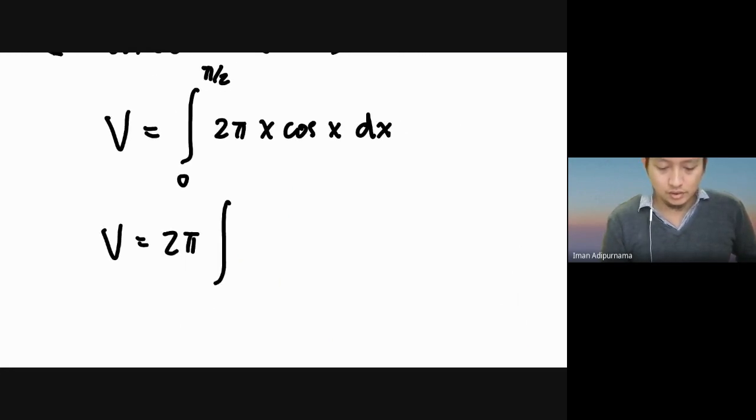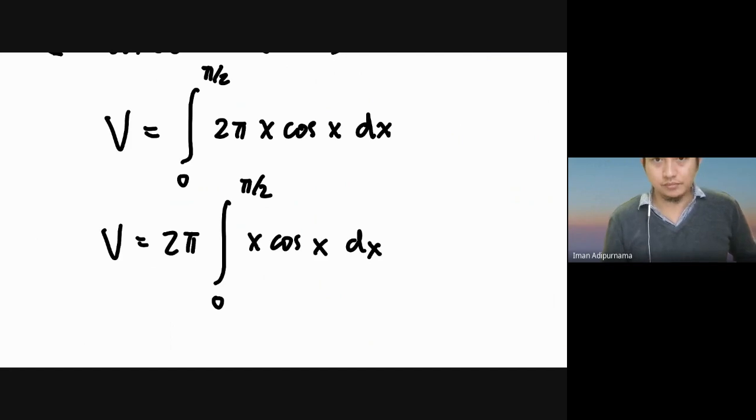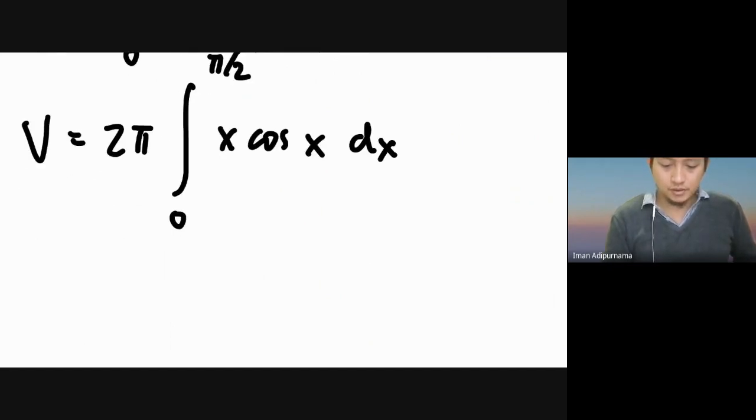And you can try to evaluate this x cos x dx. And I think it will be simple to start to differentiate and integrate.